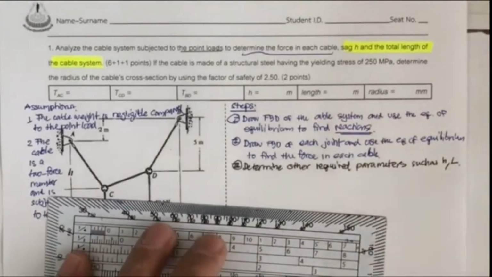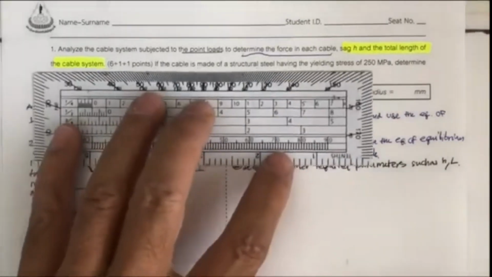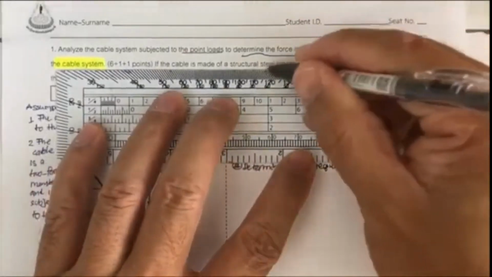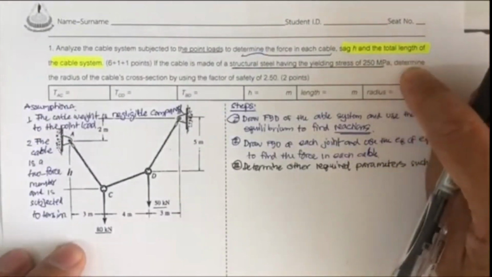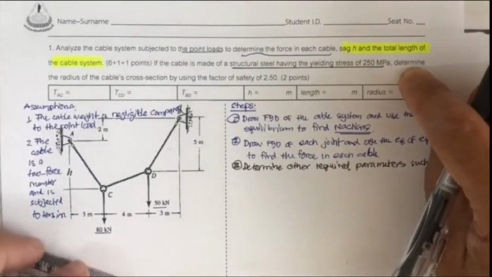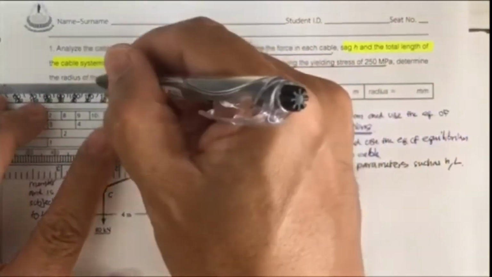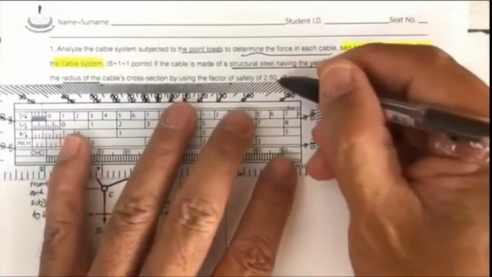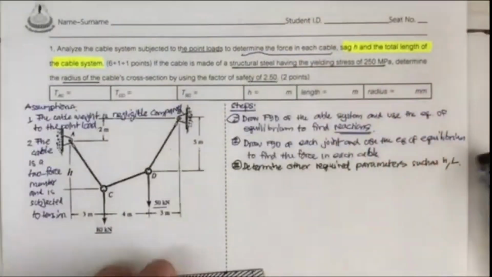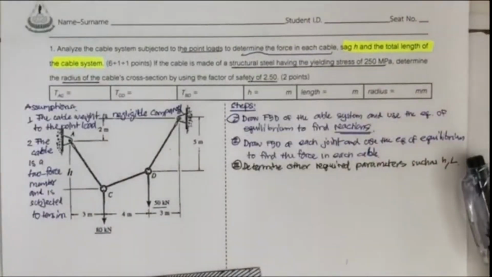And the last one, they also ask us, if the cable is made of structural steel with a yielding of 250 megapascal, to determine the radius of the cable cross section by using a factor of safety of 2.5. So next step, you determine the size of the cable.